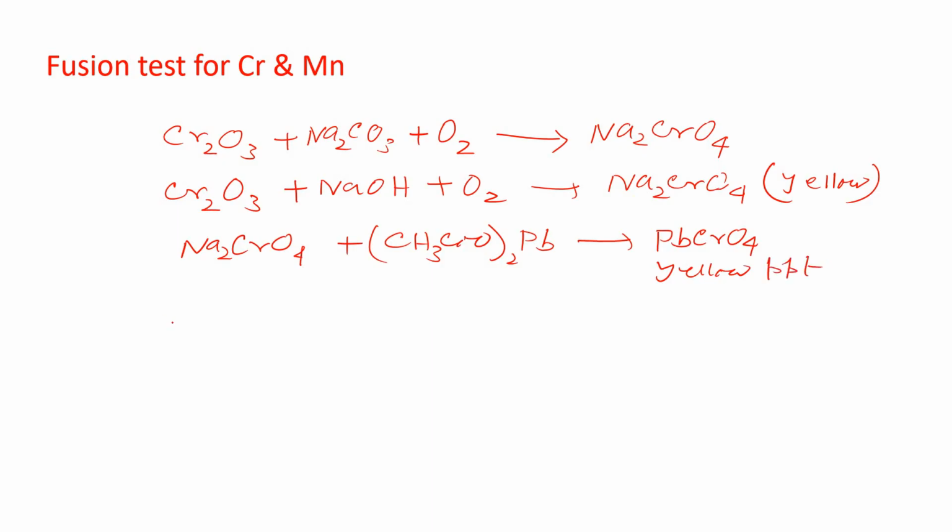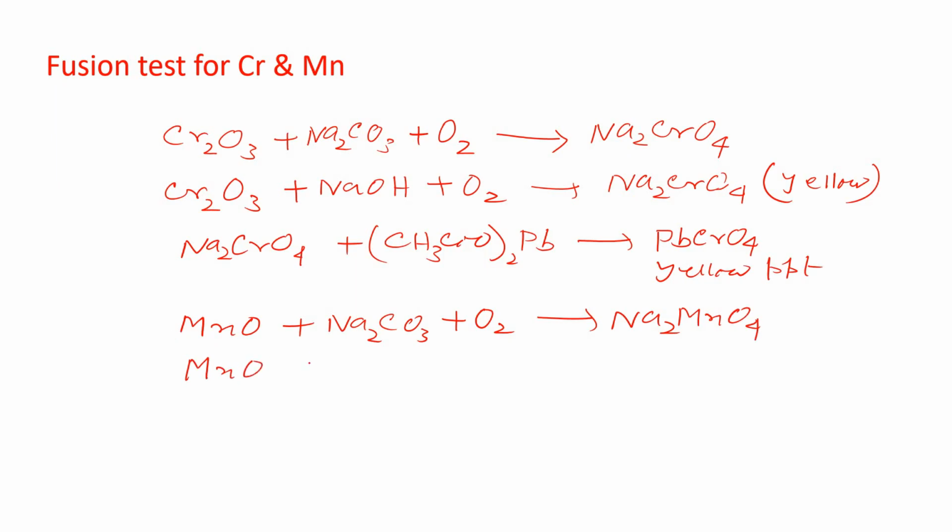Now, in the case of manganese, what happens? The same equation: manganese oxide plus sodium carbonate plus oxygen. Here we will get sodium manganate. And the same equation we can write with sodium hydroxide plus oxygen. Then we'll get sodium manganate. Then after dissolving and filtering, you are acidifying with nitric acid.